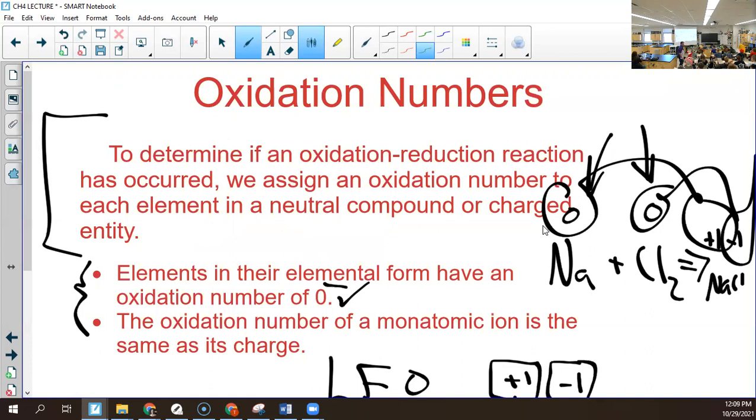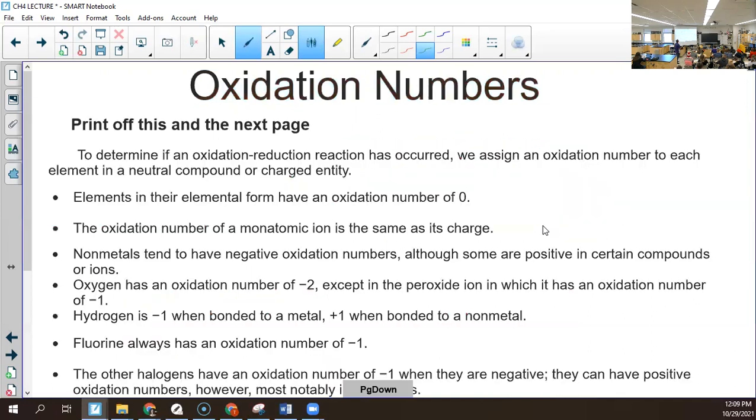Both sides say oxidation number. Sorry. That's funny. This one. What's the first one on? It says print off this and the next page. Sorry. All right, here we go. Let me see, I have this here.